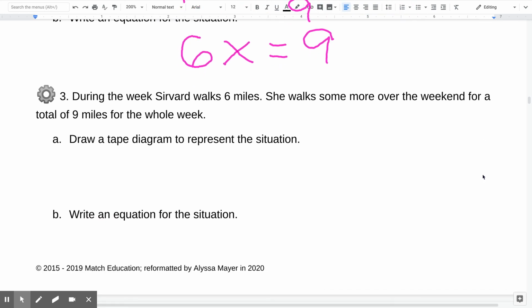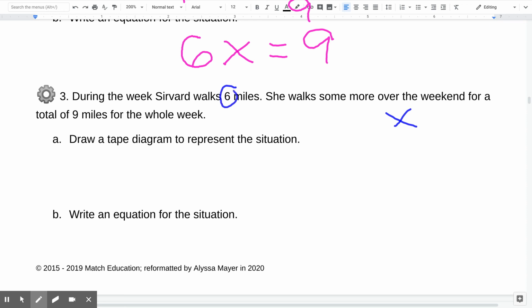Take a moment to read through problem 3. If I'm looking at Savard and how she walks 6 miles, I know that 6 miles is going to be part of what she's done. She walks more over the weekend. I don't know that. That's the unknown. I'm going to call that section x.